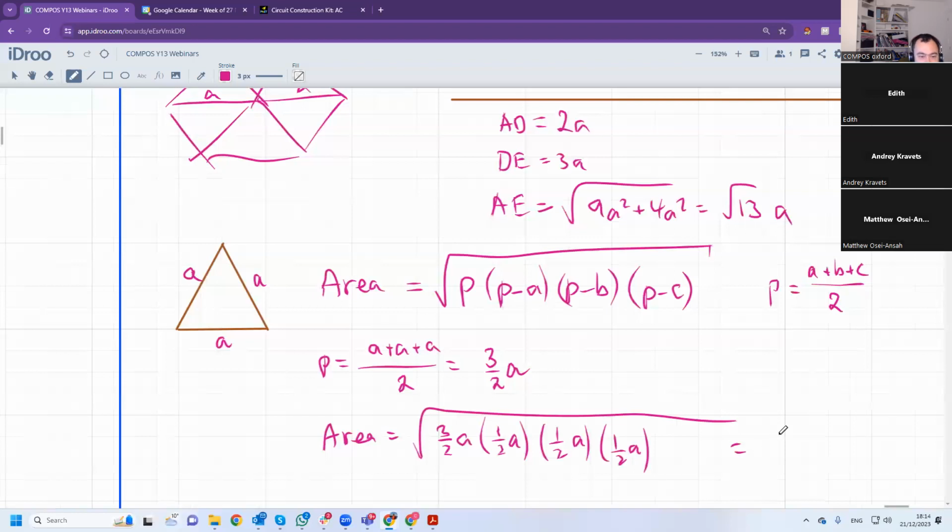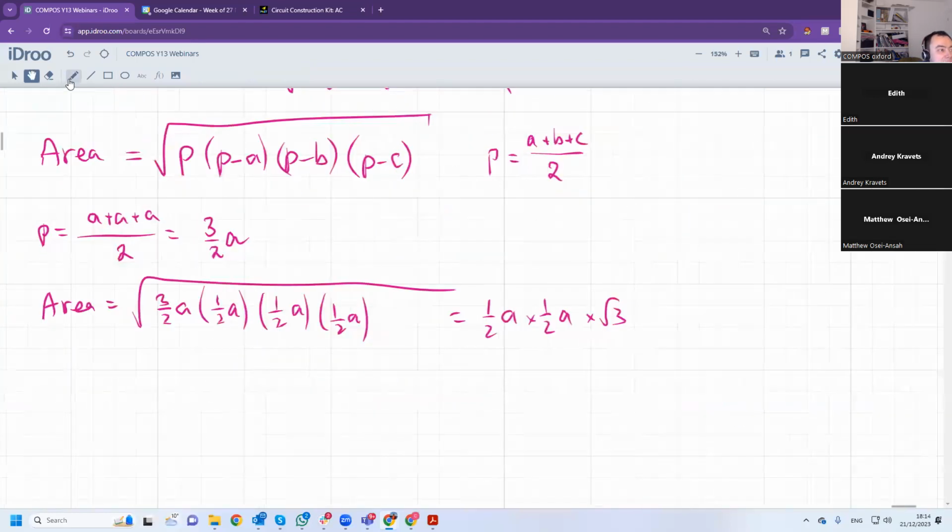And this is going to be half a multiplied by half a multiplied by square root of 3, which is square root of 3 a squared over 4. And that's the area of a right angle triangle.